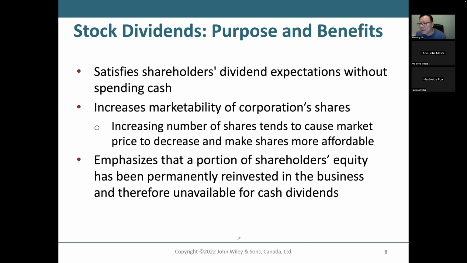If it is oversupplied, the price will go down. If it is over demanded, the price will go up. So when you issue more shares, there are more shares available in the market, and the price will come down.